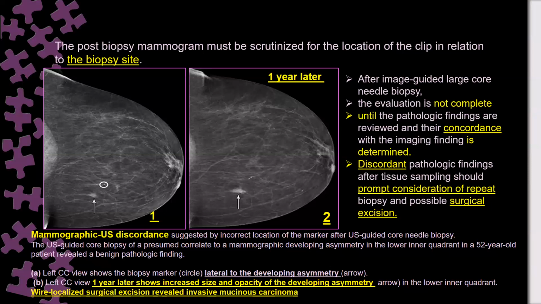Before the pathology result came and concords with the mammographic imaging, we cannot consider the biopsy procedure completed. And if there is any discordance, then we have to repeat the biopsy, including surgical excision. These are the lessons from this case.